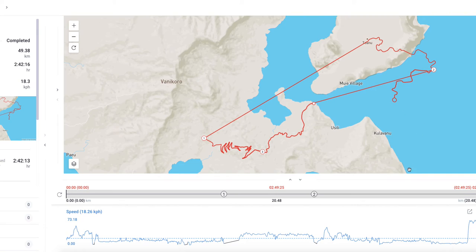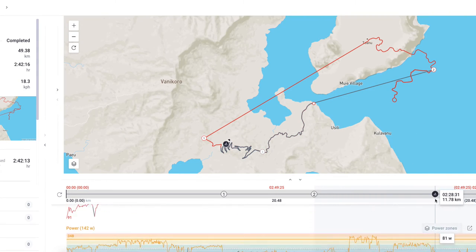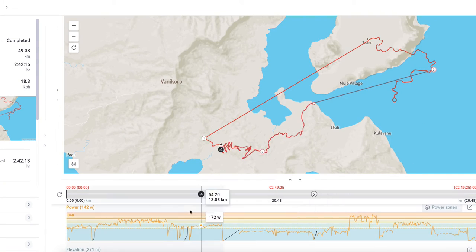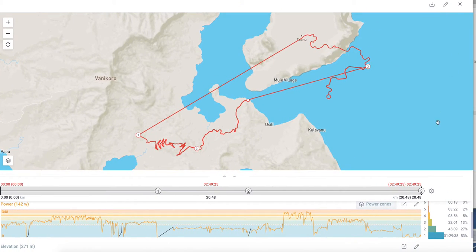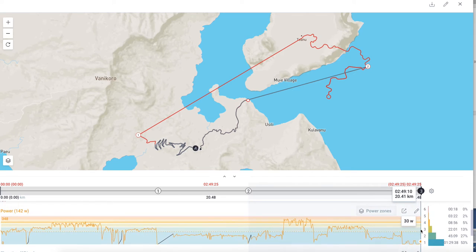And if we look down here, this is the power file from yesterday's ride, and if I just move this across a little bit so you can see a bit more, Final Surge very nicely works out how long I spend in each particular training zone.